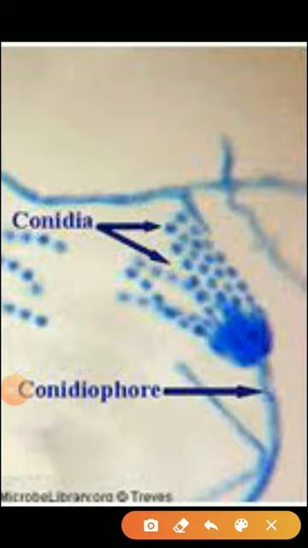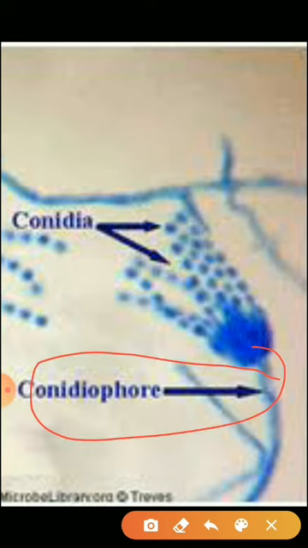Listen, once again we can discuss what is conidia. Conidia are non-motile fungal spores produced singly or in chains by the constriction of tips of special hyphal branches called conidiophores. Okay, this is the conidiophore. Conidia are produced from the conidiophore.